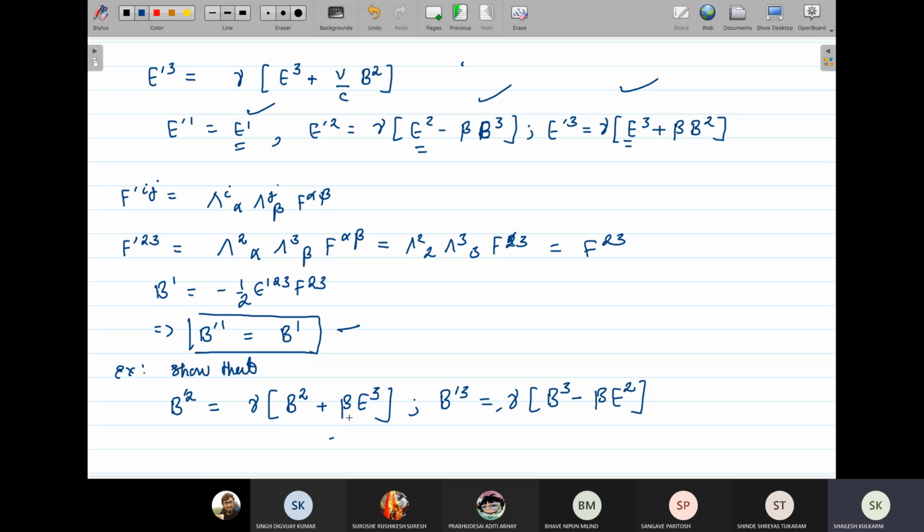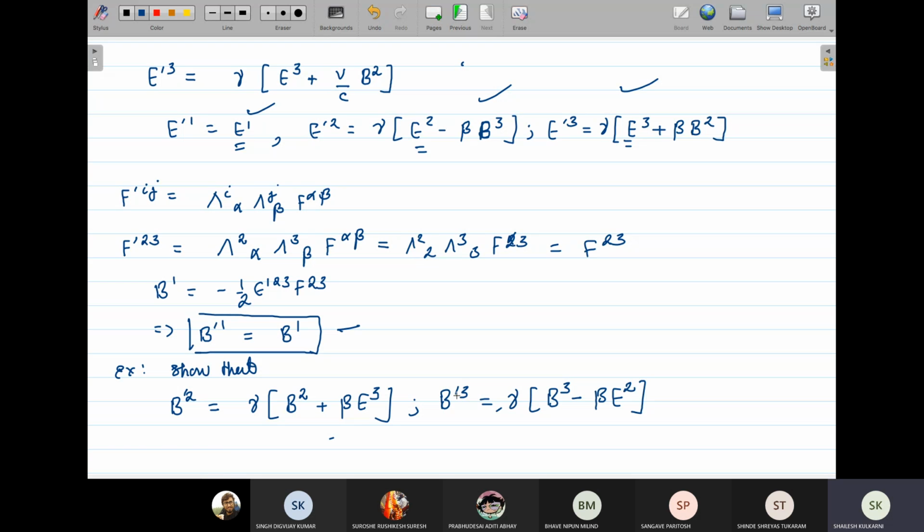Although your B is 0, your B prime 2 and B prime 3 are not 0. So in general, I have a magnetic field in that frame. The moment you go into the highly relativistic regime, one should not talk about electric field and magnetic field separately.